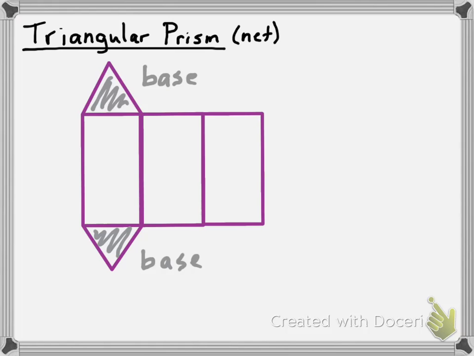And this triangle over here is another base. And then this big rectangle is my other side. I know that this line is the height. This sounds familiar. And what do you think this line would be? Well, it would be the same as going around that triangle, which is the base. So again, that would be the perimeter of the base.